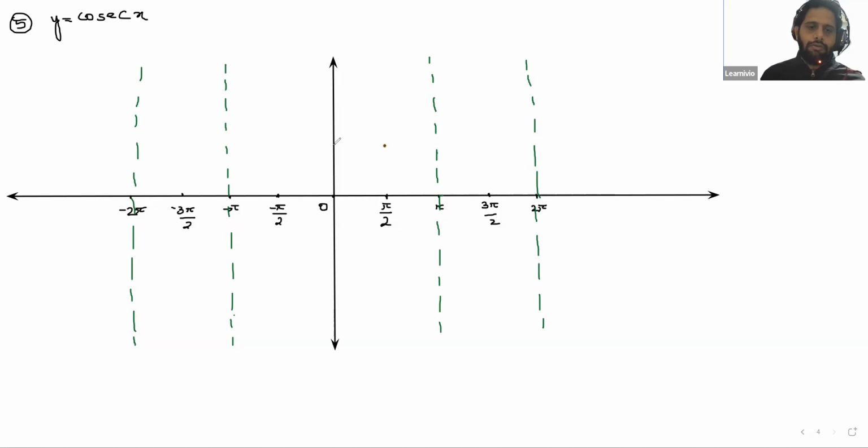Okay. This is 1. And the graph will move like this, and also in this direction. Like for 3 pi by 2, this is -1. Similarly for this.